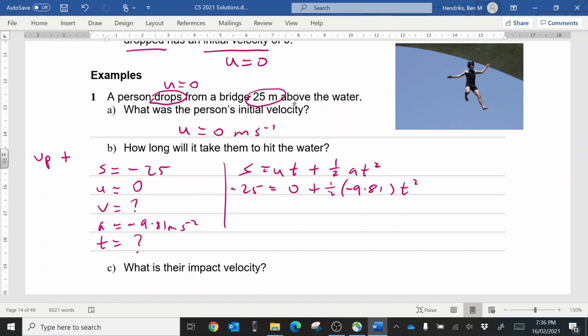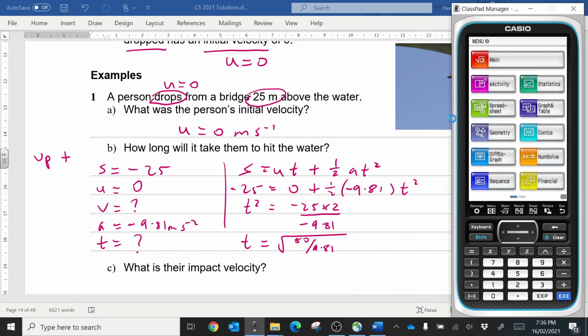If we rearrange this equation, we get t squared is equal to negative 25 times 2, that's getting rid of this half term, and then divided by negative 9.81. Those negatives will cancel, so we'll end up getting t is equal to the square root of 50, that's 25 times 2, divided by 9.81, and we need to put that into our calculator.